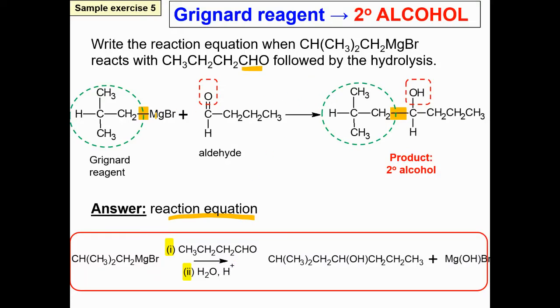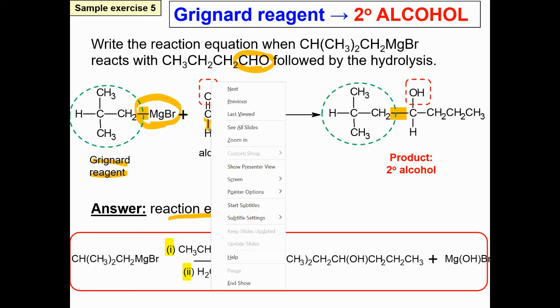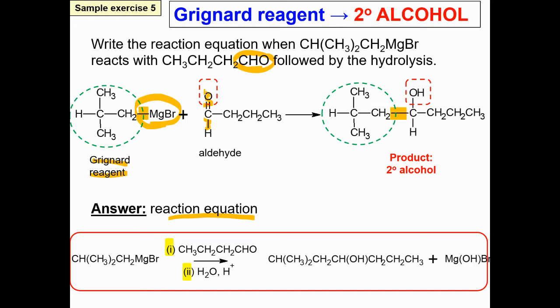What I will do is expand the Grignard reagent, especially the carbon with MgBr. Then for the carbonyl group, I will put it side by side with the Grignard reagent.